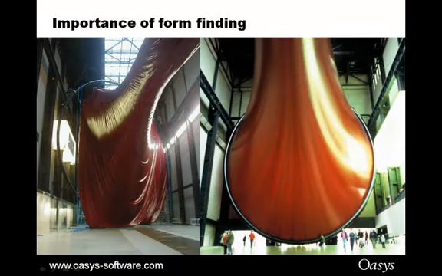The form finding is important for these sort of structures, because, well, okay, the picture on the left is under construction, but if you get the cutting patterns and so on wrong, or if you get the shape wrong, or you get the pre-stress wrong on these structures, you don't get the nice smooth surfaces that you see on the right. You'll get wrinkles and so on. If you get it right, it looks good.